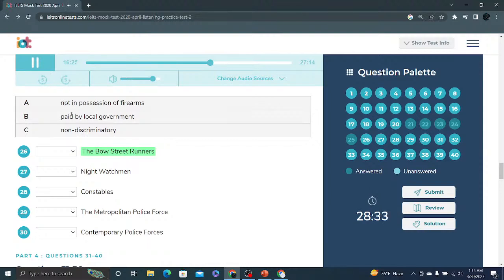Before you hear the rest of the discussion, you have some time to look at questions 26 to 30. Were they happy? One would imagine that that would have been the case. However, the public in fact showed a resentment towards the new law enforcers.